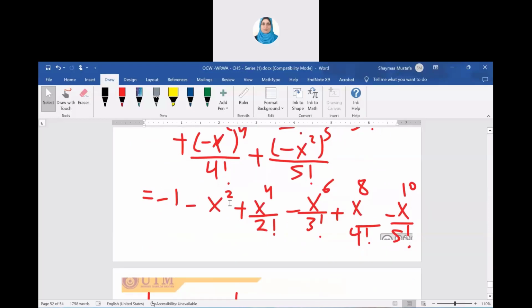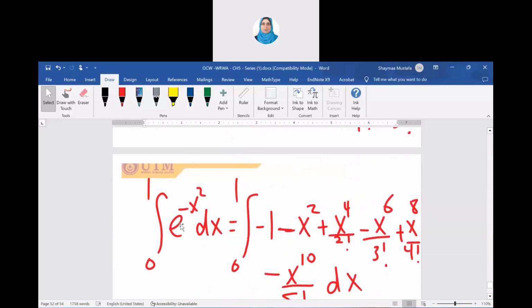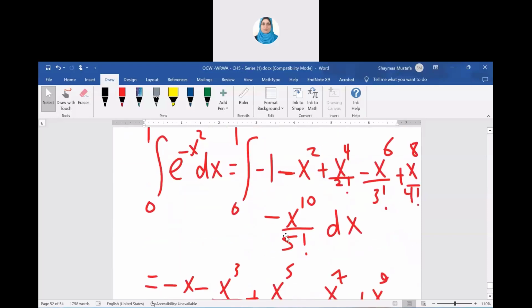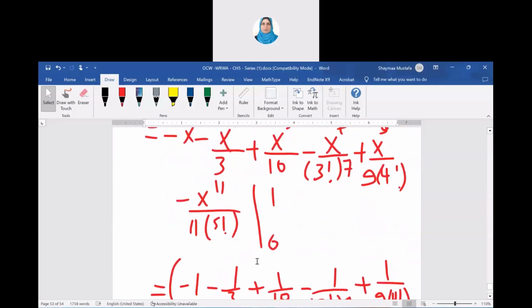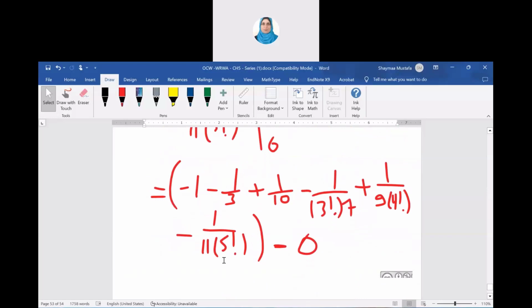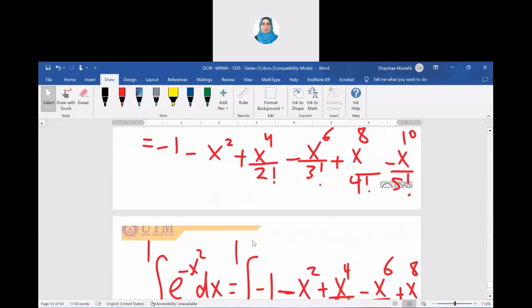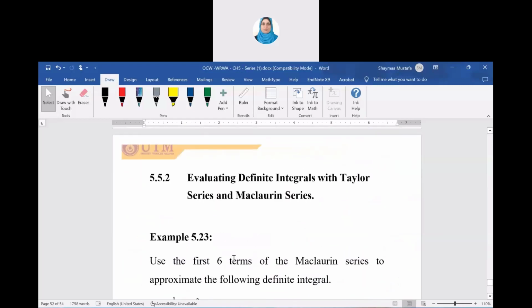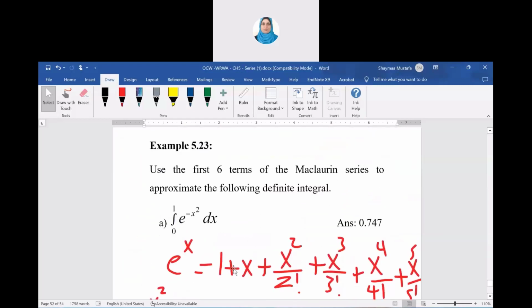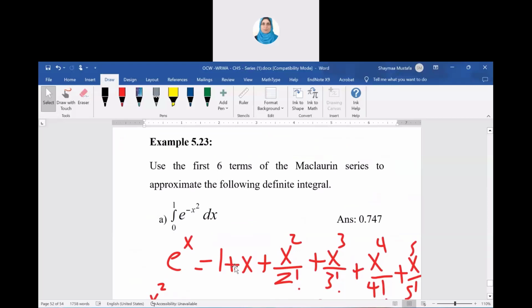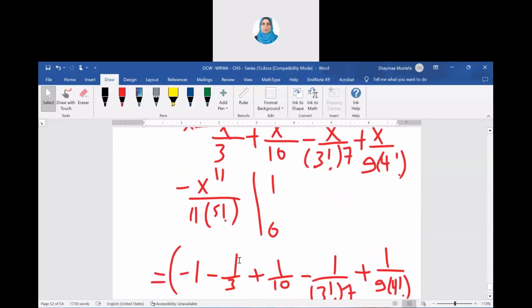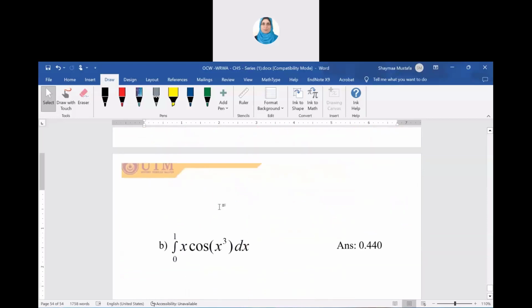Then integrate the series instead of integrating the function, and then substitute. The value you get is an approximate value of the integration. If you have more terms, you have a more accurate value. Here we calculate up to 6 terms; if you calculate up to 8, 9, 10 terms, the error will be less, because this is an approximate value, not the exact value.